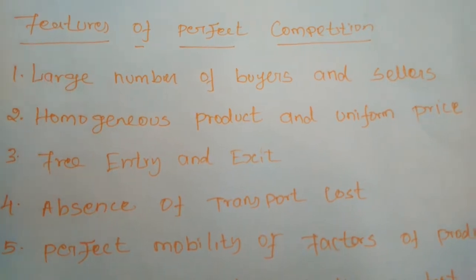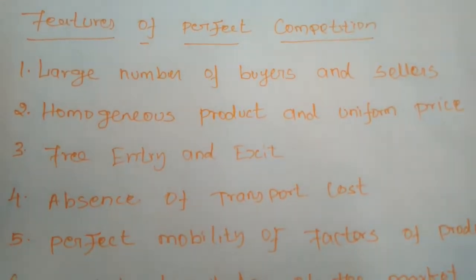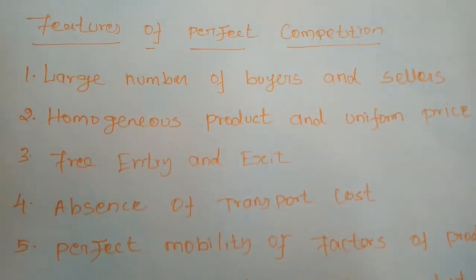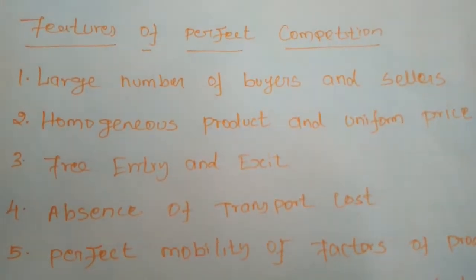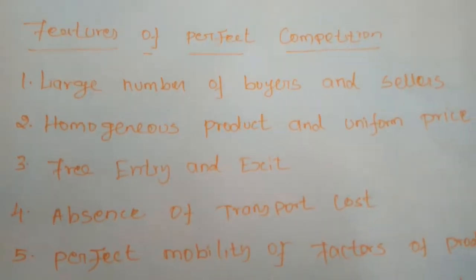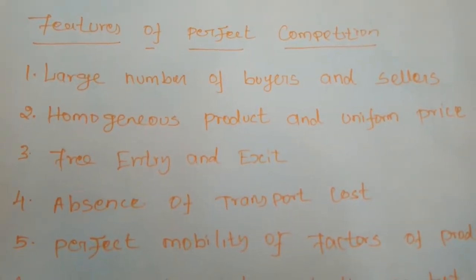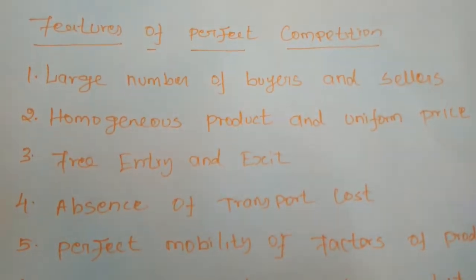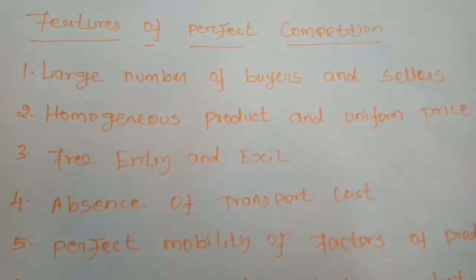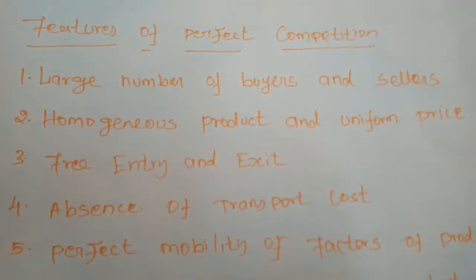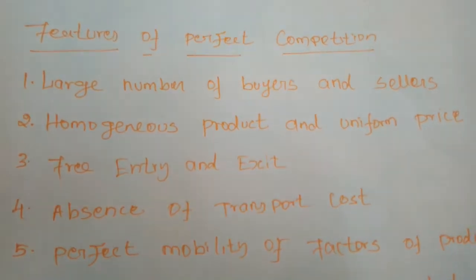I already told the difference between the price maker and the price taker. A price maker means only the monopolist can fix the price. If the sellers or producers can fix the price for their commodities, that is called a price maker. Price taker means, how is the price normally fixed in this market?